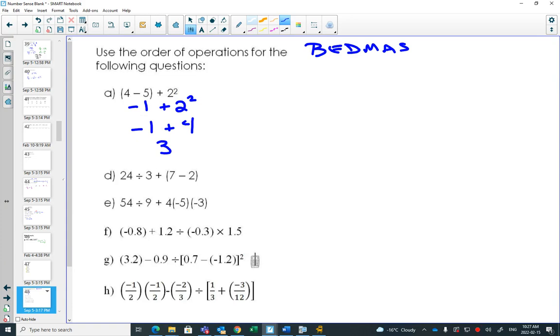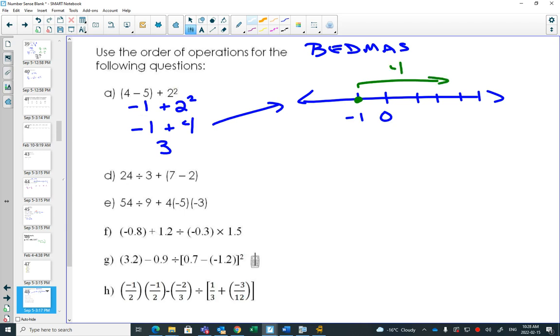Now, if you're having trouble adding with integers, and that can sometimes be confusing, when I get to this negative 1 plus 4, I find that if I think of my number line, negative 1 plus 4 means you're starting at negative 1, and adding 4 means you're going to go 4 to the right.